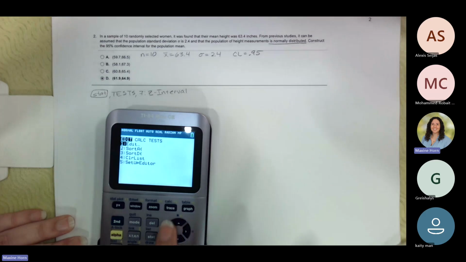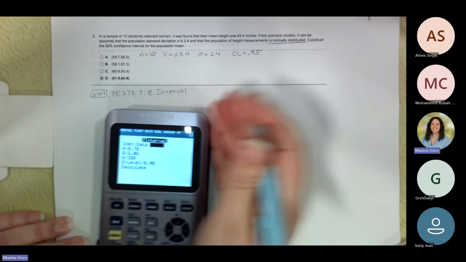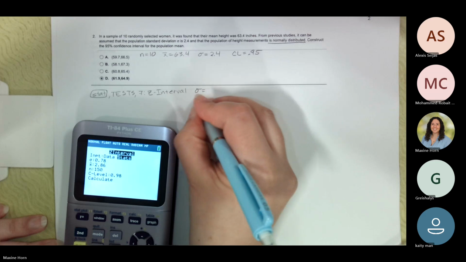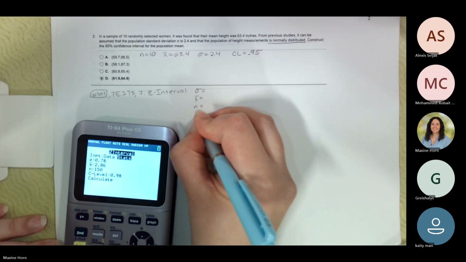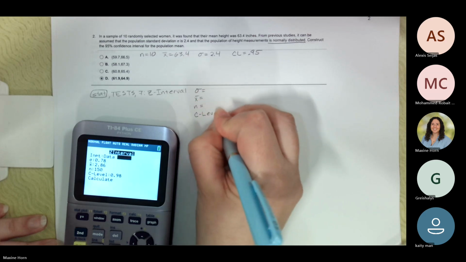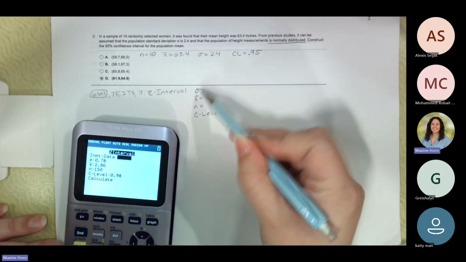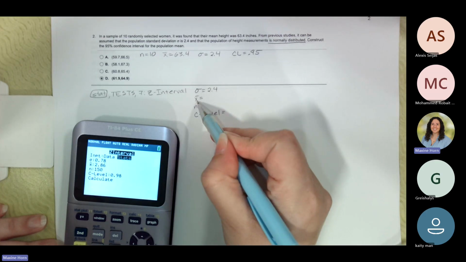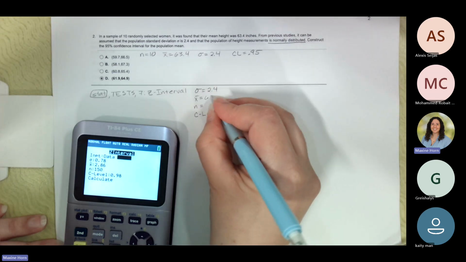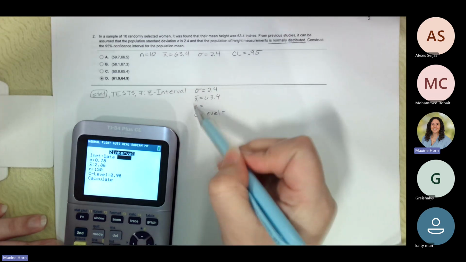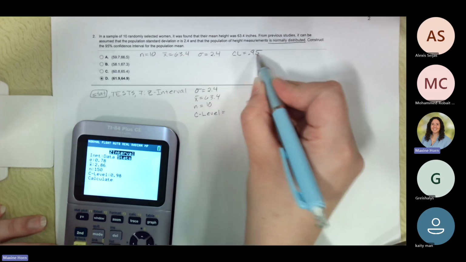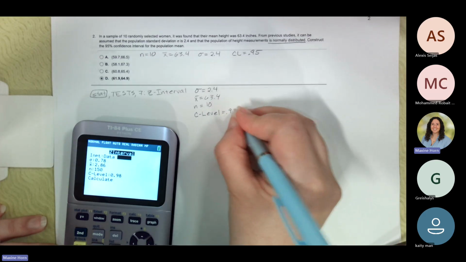And I'm going to plug in the values. So what values are they looking for? All right, our population standard deviation, which is sigma, is 2.4. Our sample mean, which is X bar, is 63.4. Our N, which is our sample size, is 10, and our confidence level, C level or CL, is 0.95.